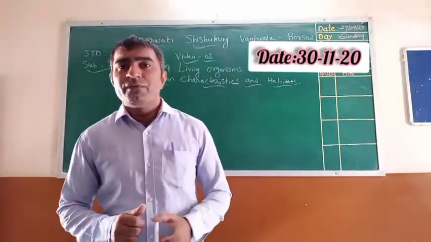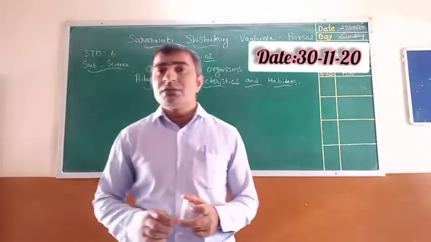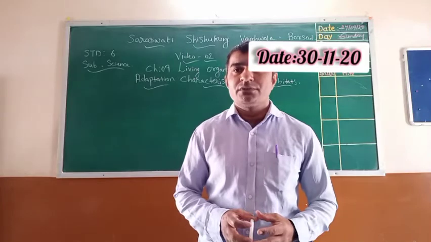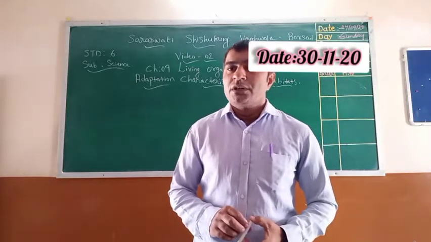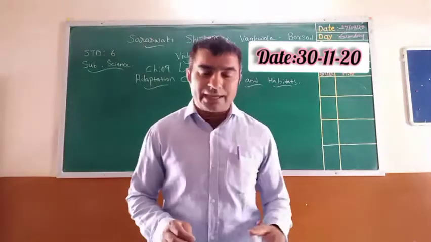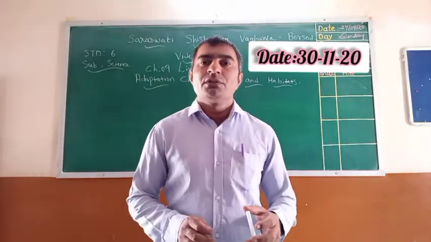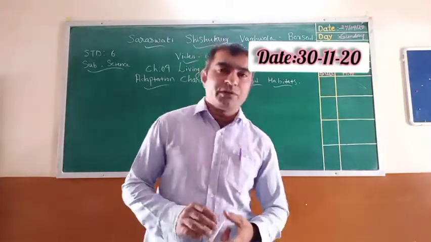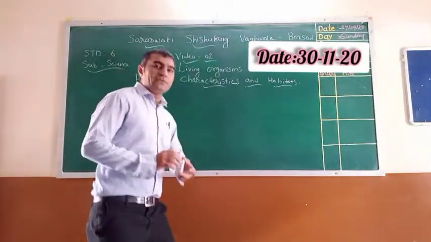Now today we will see the importance of abiotic factors, right? How are they important for living organisms? And then we will see different kinds of adaptation of animals in different regions. First we will see an activity.